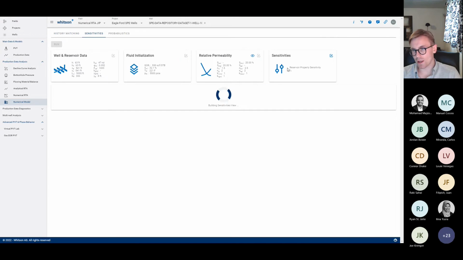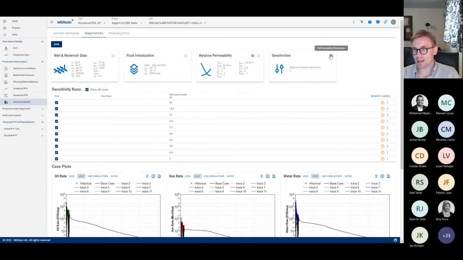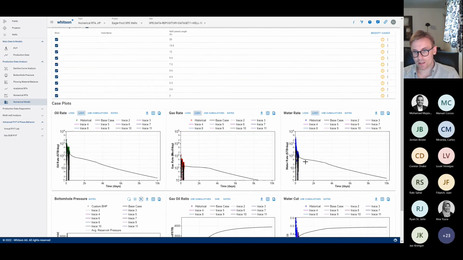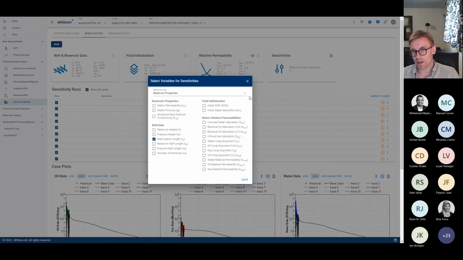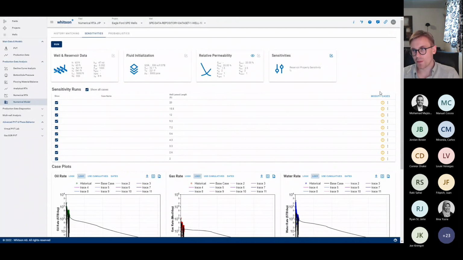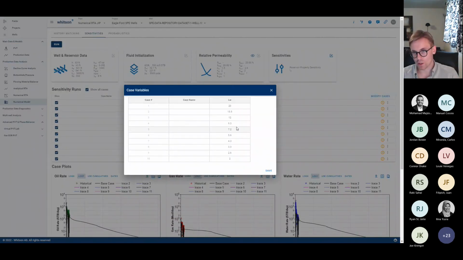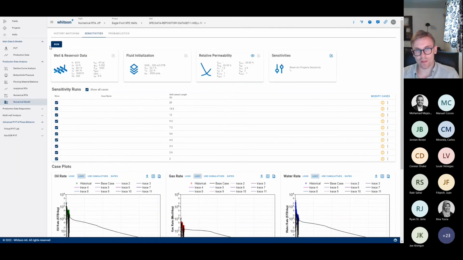If there's one parameter that you'd like to study, you can click this button right here and say, I want to look at sensitivities for my matrix perm or my matrix porosity or my Corey exponent, etc. And then define those cases, bulk run those cases here in the software, and then plot them all at the same time.